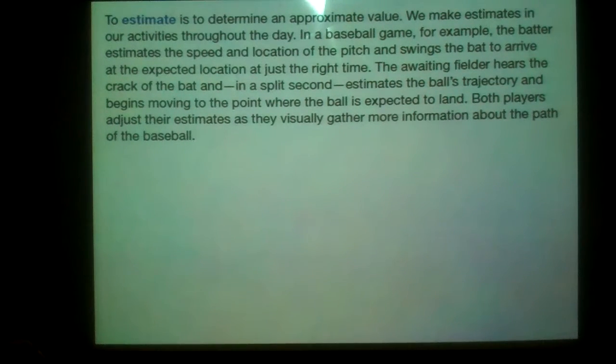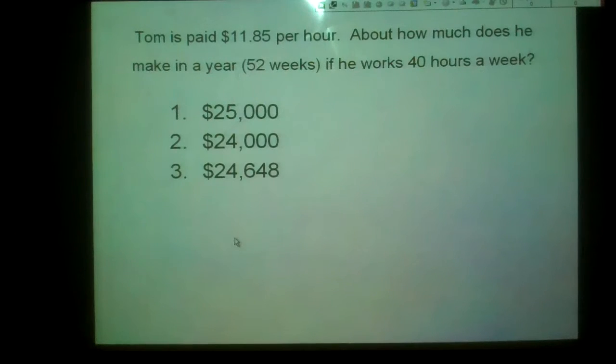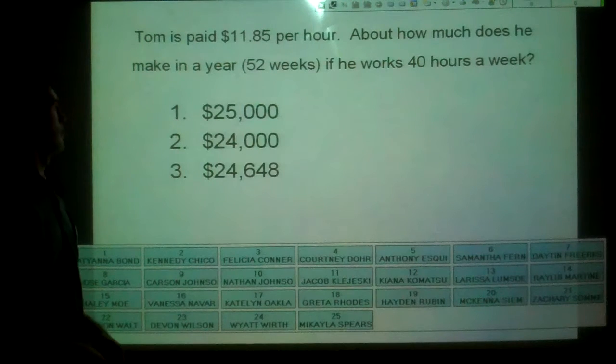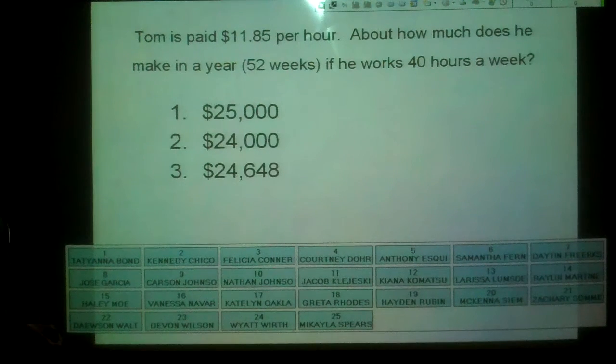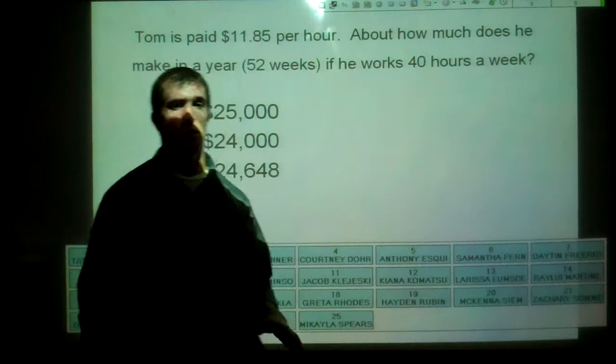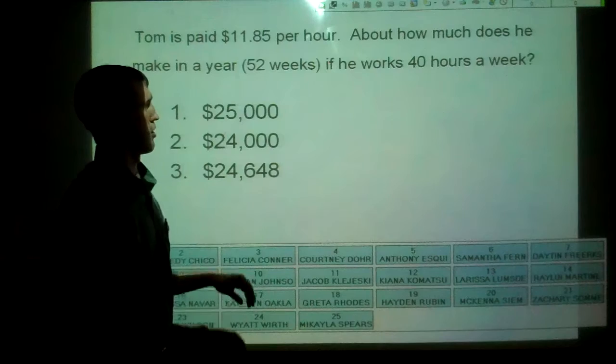You'll see what we mean here. Now, the book here would tell us to round. Well, let's read it first. Tom is paid $11.85 per hour. About how much does he make in a year, or 52 weeks, if he works 40 hours a week? Now, what the book will have you do is round everything before you go through this process.